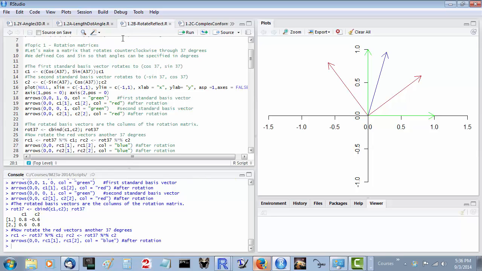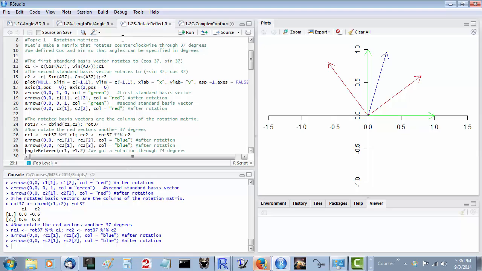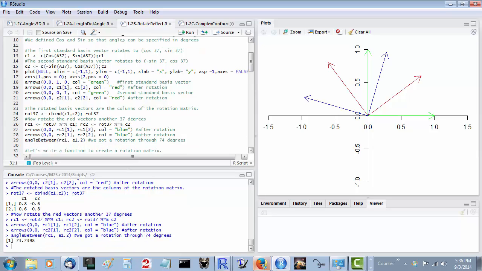There's another 37 degrees applied to the first red vector and to the second red vector. And not too surprisingly, if we ask for the angle between the first blue vector and the first standard basis vector, we get something that is, for all intents and purposes, 74 degrees, twice 37 degrees.